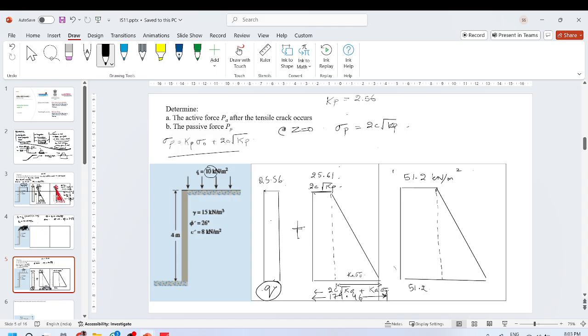This is 179 plus around 51.20, which is 204.8.